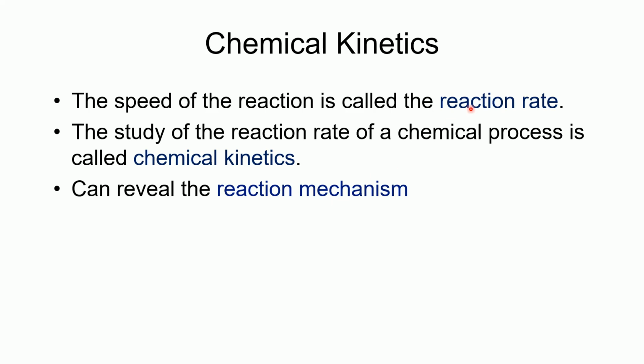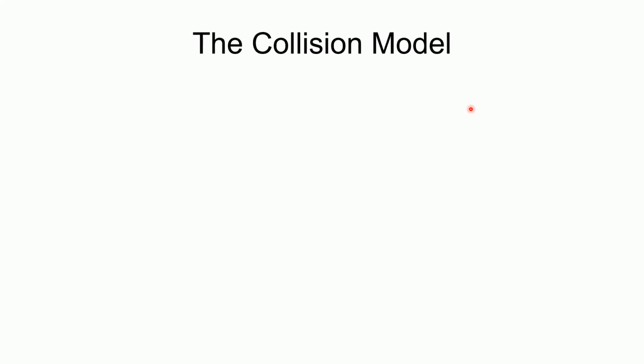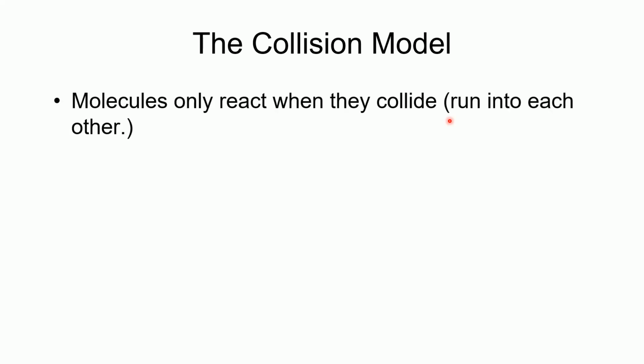Okay, so let's talk about something that we call the collision model. The collision model basically says that in order for molecules to react, they have to run into each other. They have to collide. If they don't collide, then the bonds can't break. We can't form bonds.